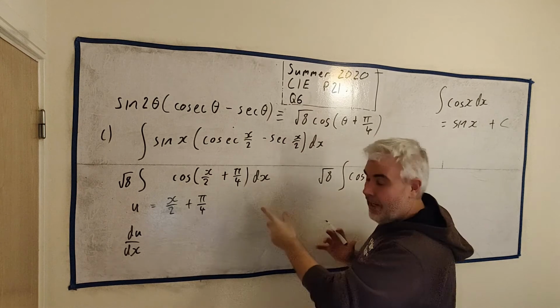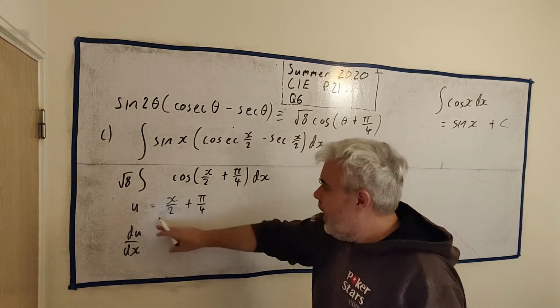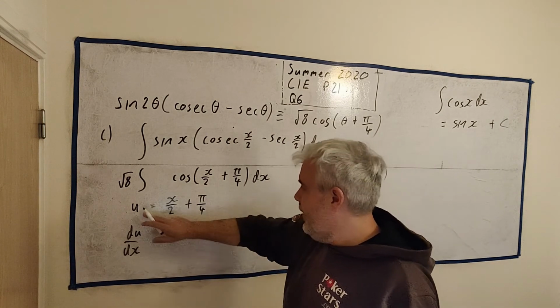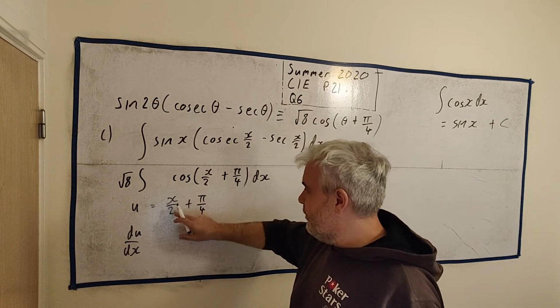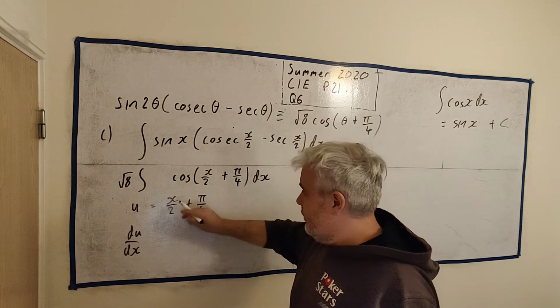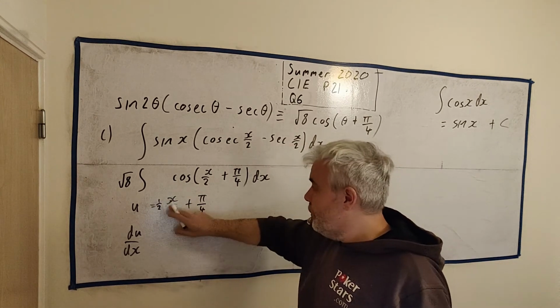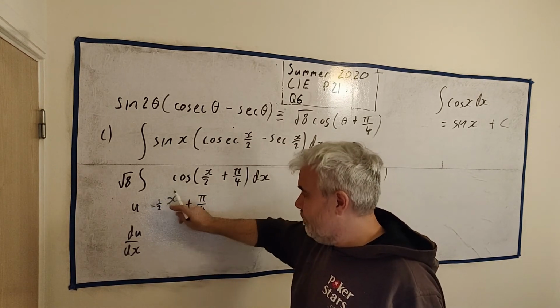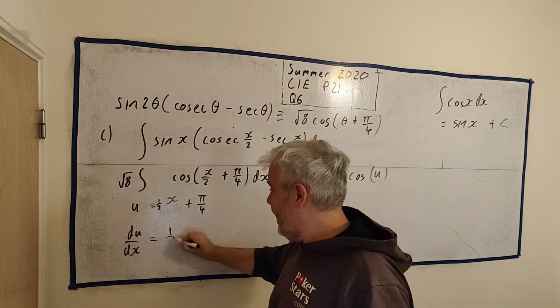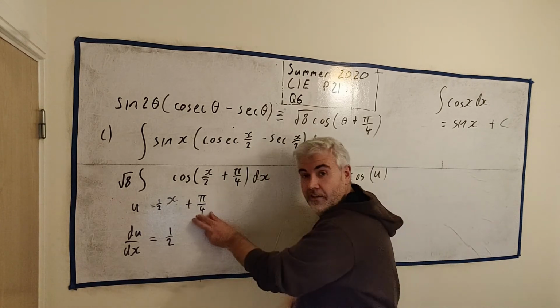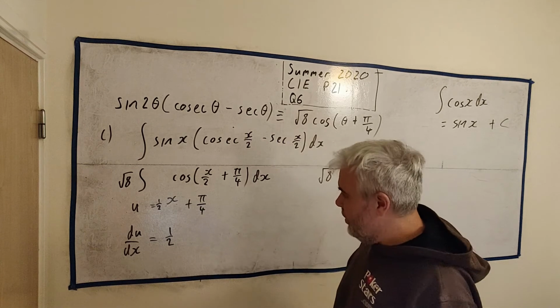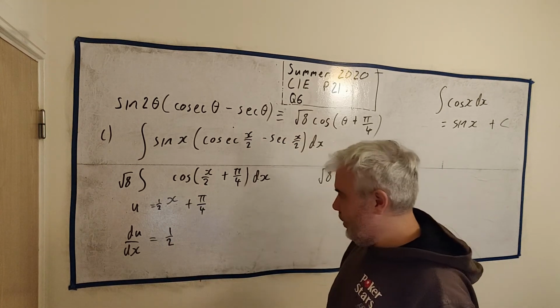But how do I get rid of dx? That's what I'm doing down here. Differentiate this. The derivative of x divided by 2, another way to write that would be a half multiplied by x, is just a half, and the derivative of a constant is 0. So it's gone. So we have something quite simple here.